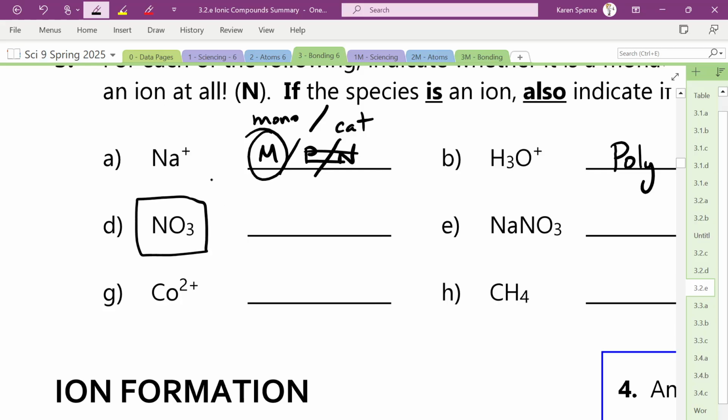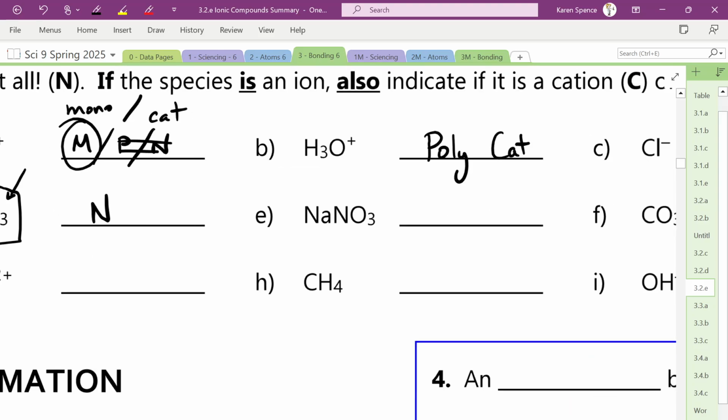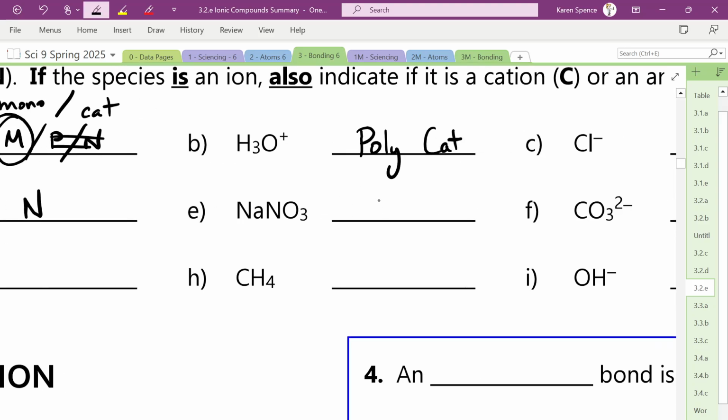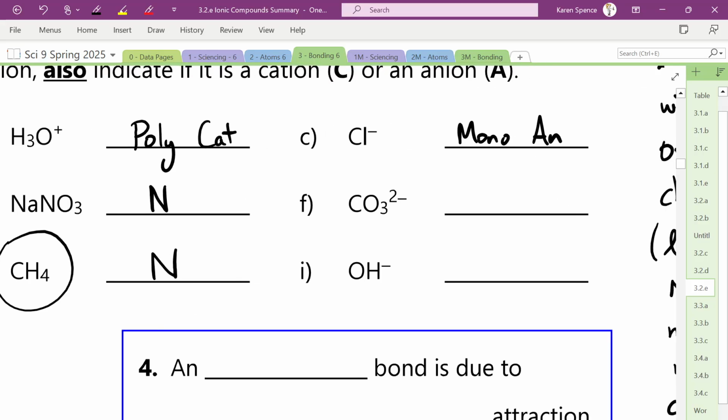NO3, there's no charge up there, so that is not an ion at all. It is neutral. NaNO3, again, there is no charge. It is not an ion at all. And same thing with this one here, not an ion at all. CO3 has two capital letters, therefore it is poly. It is negative, so it is an anion.